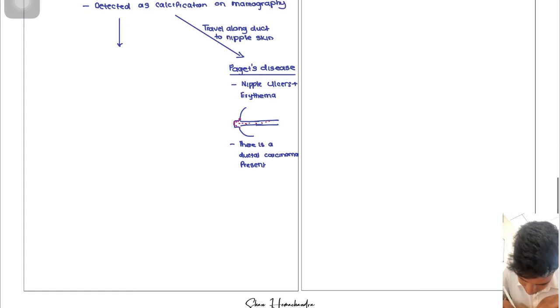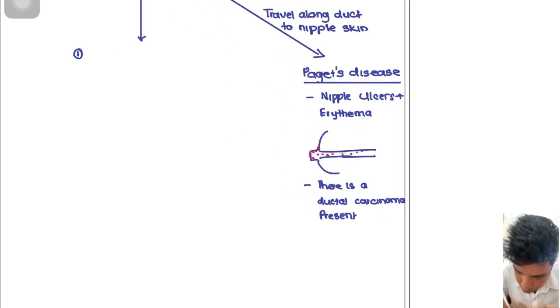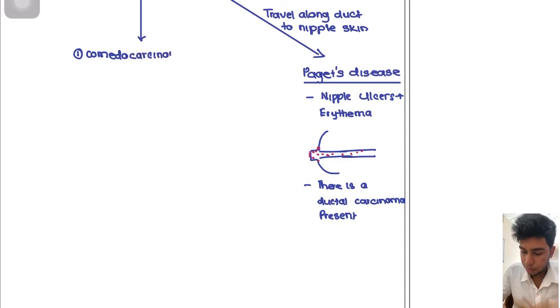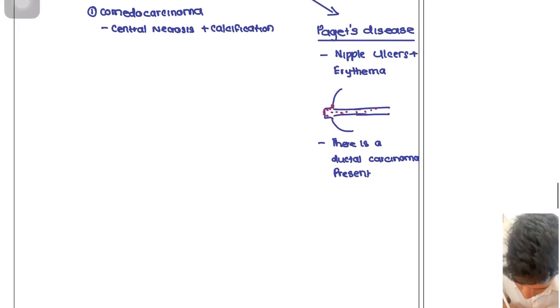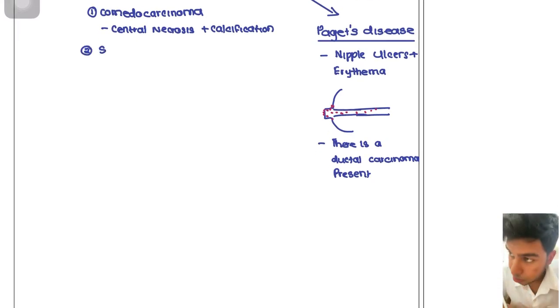Okay, first I will talk about the Comedo type carcinoma. So I'll write it as Comedo Carcinoma. That's the first type. It has central necrosis and calcification. Okay, the next type is a solid type.